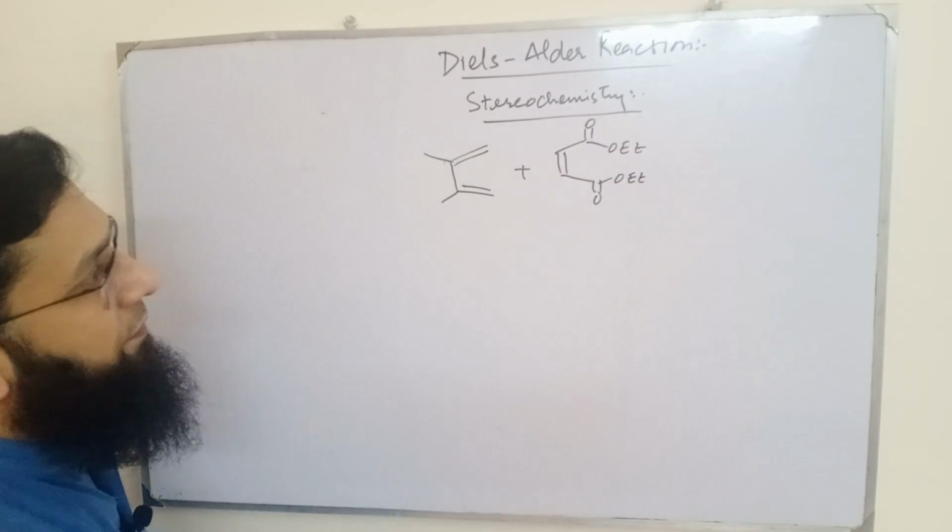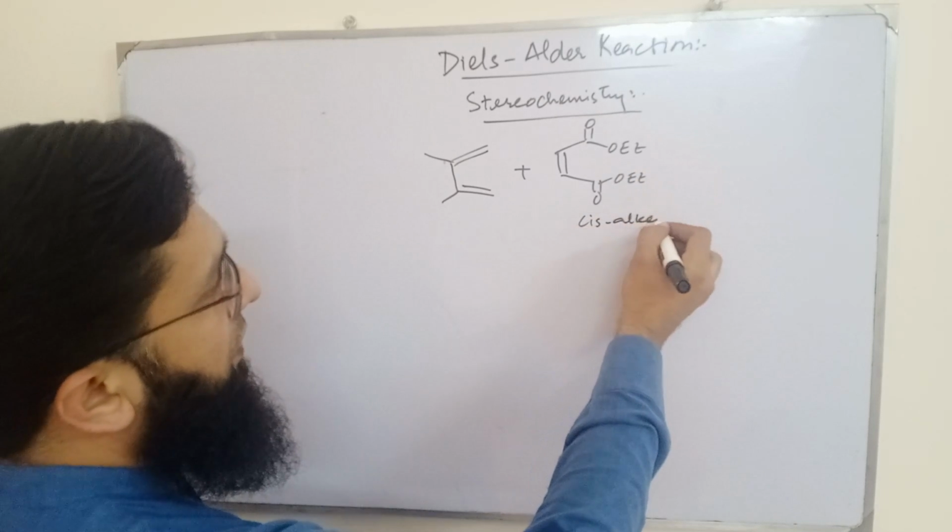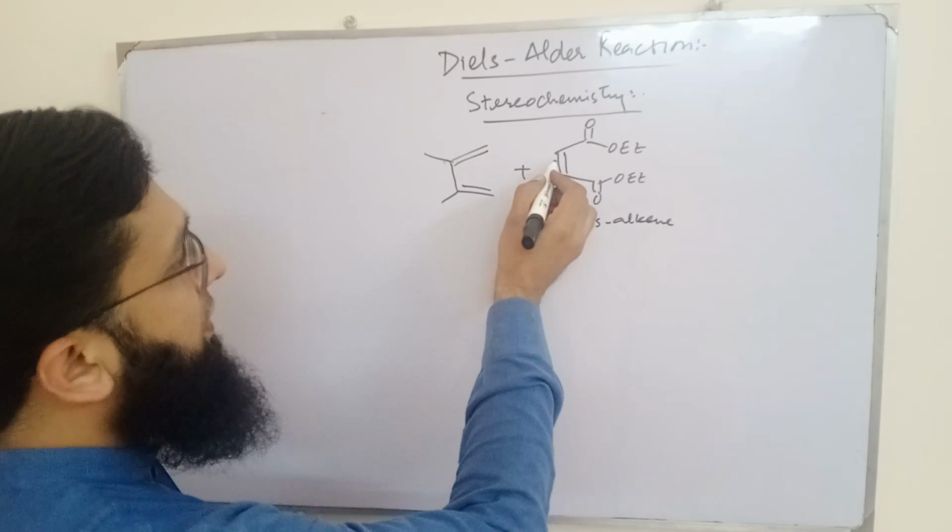In this case we have a cis alkene, so both of the groups are on the same side.